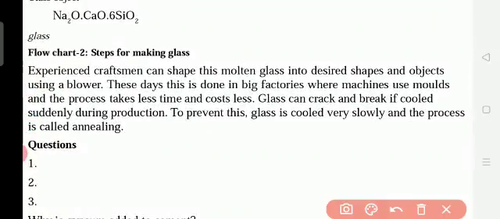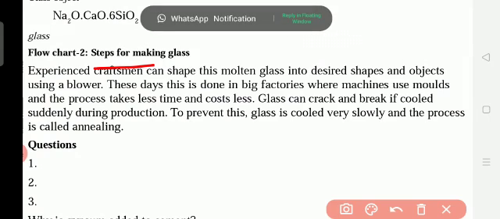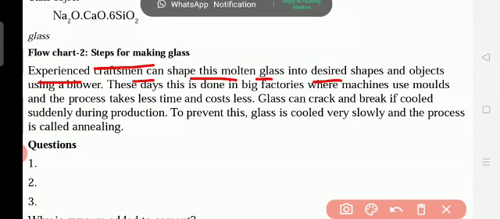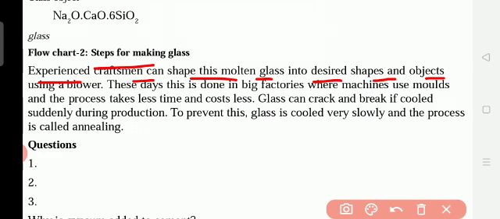Steps for making glass. Experienced craftsmen can shape this molten glass into desired shapes and objects using a blower. So the blower is one instrument, and using that they make the desired shape. We get so many vases and different shapes of decorated things with the glass by using the blower.